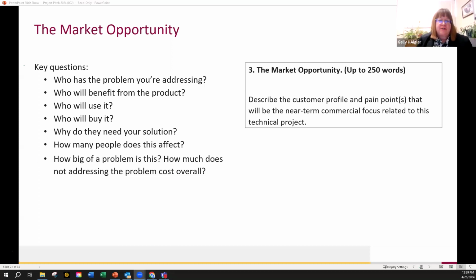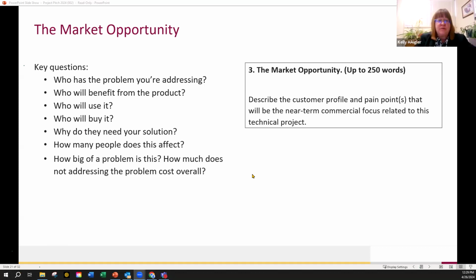For the market opportunity, you only get 250 words. It can seem like a lot when you start, but once you start writing, you're going to realize it's not very much space. You're encouraged to identify the customer profile and pain points that will be the near-term commercial focus of your technological project. Some key questions to start thinking about: What problem are you addressing? Who will benefit?